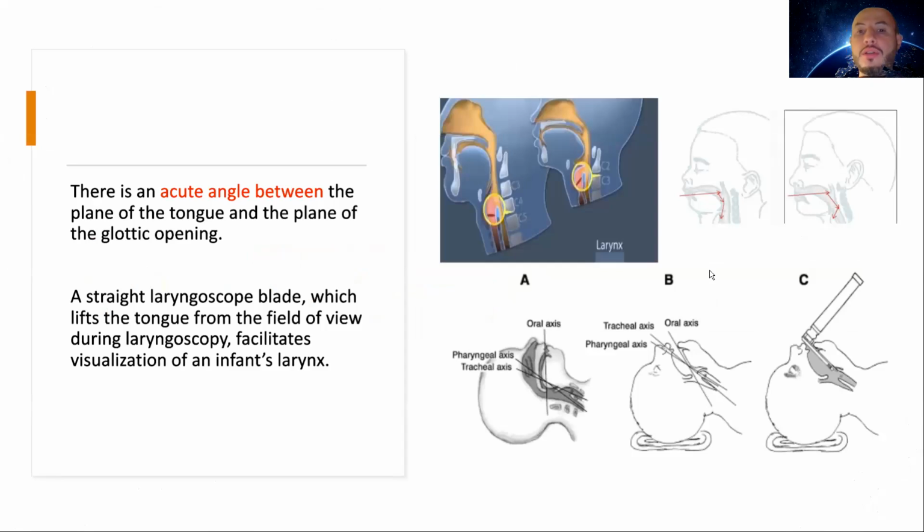Another important difference between the pediatric and adult airway is the angle between the tongue and the glottis opening. If you make a line between the tongue and the glottis opening, you will see it's almost an acute angle compared with the adult.